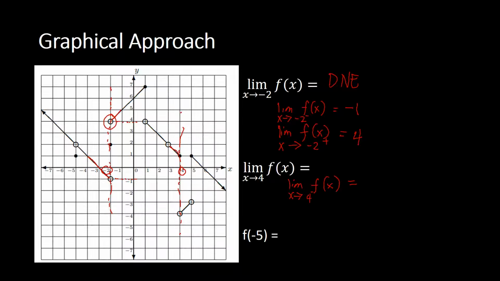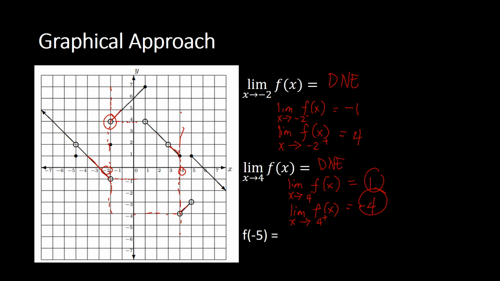So that is leading to y equal to 1. And then we also check the limit of f of x as x approaches positive 4 coming from the right side. Right side of positive 4, that will be here. That would lead to our y, which is equal to negative 4. So again, these are different. So that is D and E.